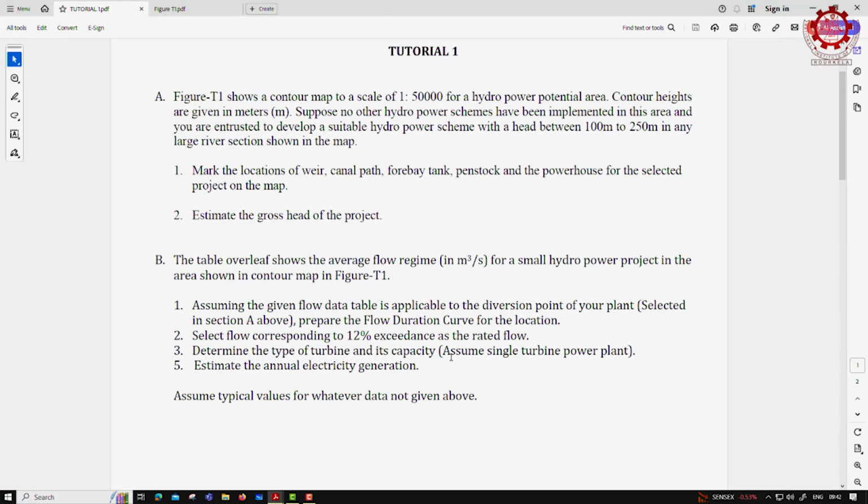You can refer to one of them and select a suitable type of turbine for your head and your rated flow rate, which you derive from the flow duration curve you have created. Assume a single turbine power plant. So, we assume we are going to have one single turbine.